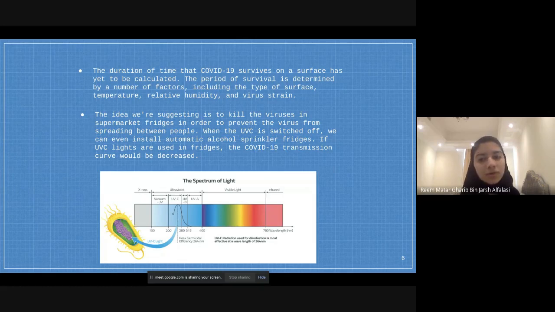The idea we're proposing is to destroy viruses in supermarket refrigerators to prevent them from spreading to other people. We will also install automated alcohol sprinkler fridges for when the UVC is turned off, and the COVID-19 transmission curve would be decreased if UVC lamps were utilized in refrigerators.